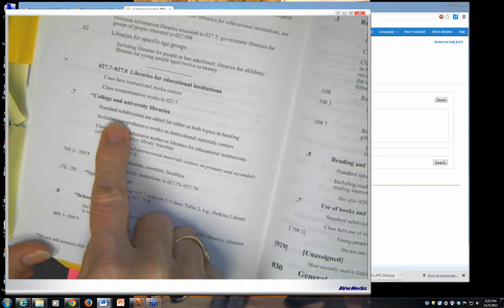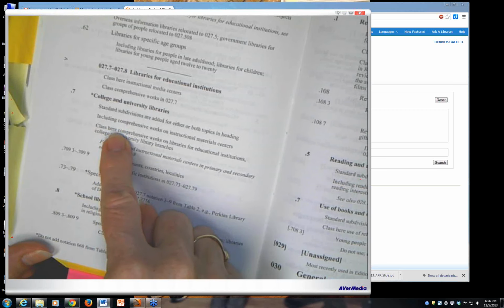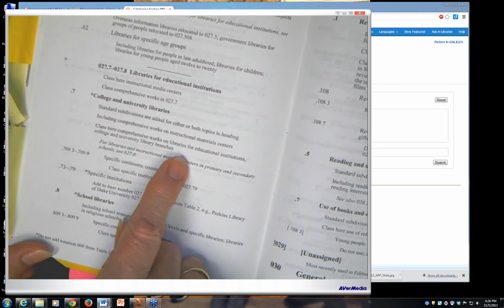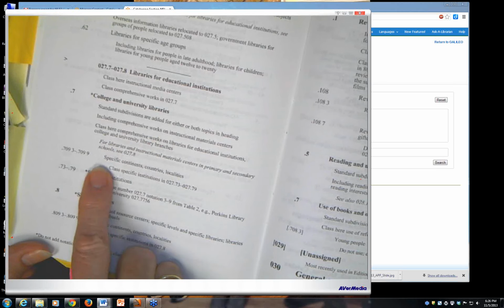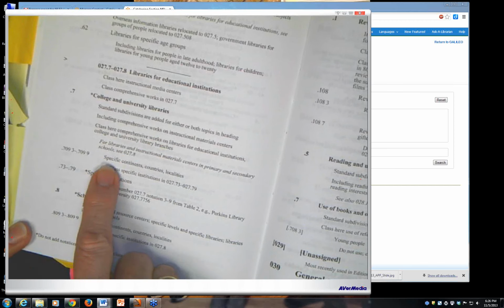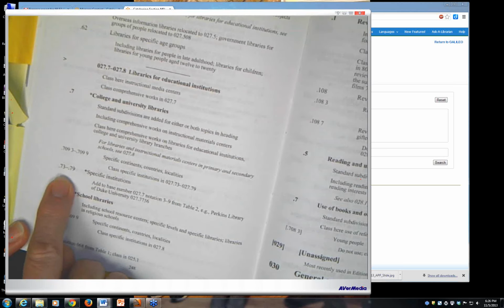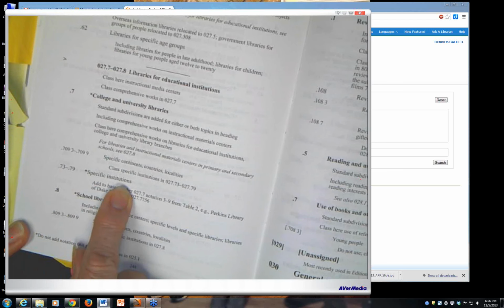As I read my notes, standard subdivisions, including comprehensive works, nothing yet about a geographic location, anything about specific institutions. Class here comprehensive works on libraries for educational institutions. This is not a comprehensive work. Then we get on down into the notes. Specific continents, countries, localities. I'm told to class this in 027.73 to 027.79, specific institutions.